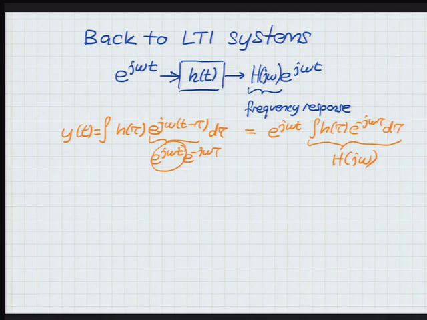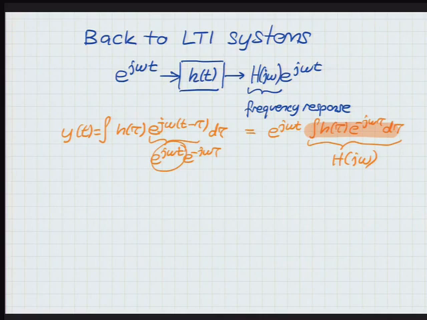All right? But now you should recognize this here. What is this? That really is the Fourier transform of the impulse response, right? So the impulse response and frequency response are related by a Fourier transform.